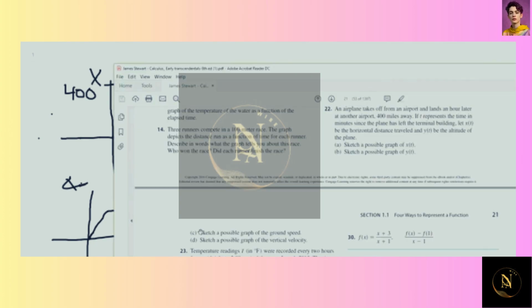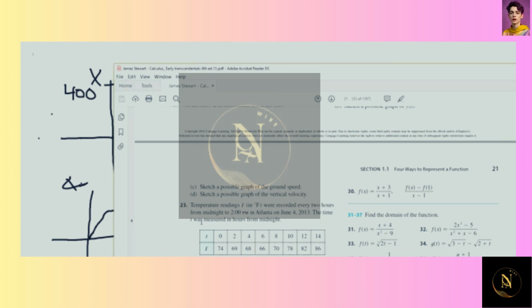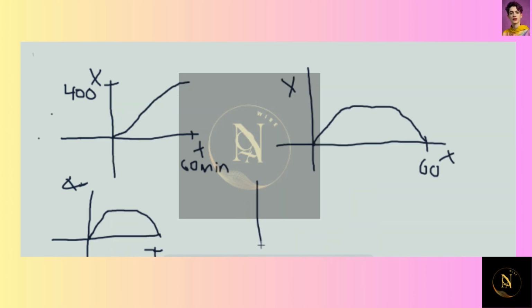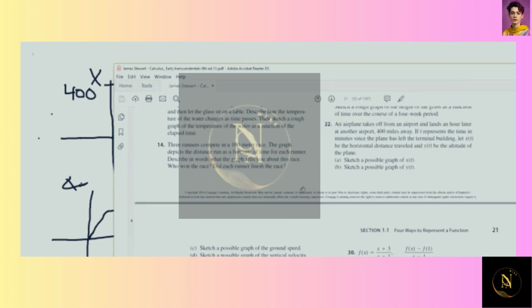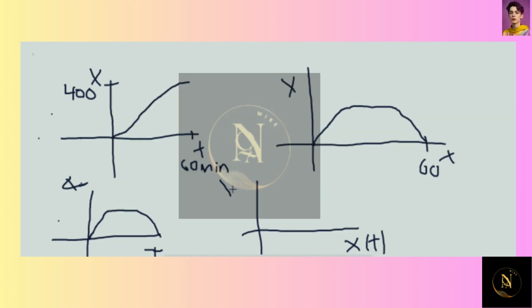Finally, our last task is to sketch a possible graph of the vertical velocity. Okay, so now we are looking at a graph, and here we're going to have x of t. So recall again that x of t is the horizontal distance traveled, and y of t, the altitude of the plane.